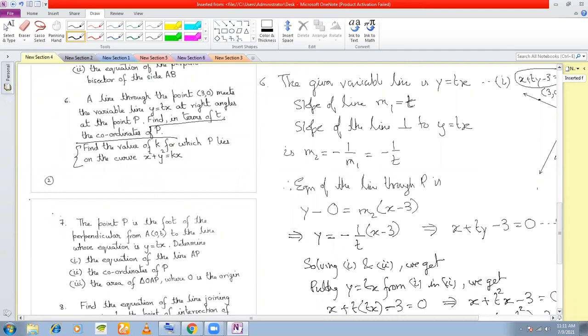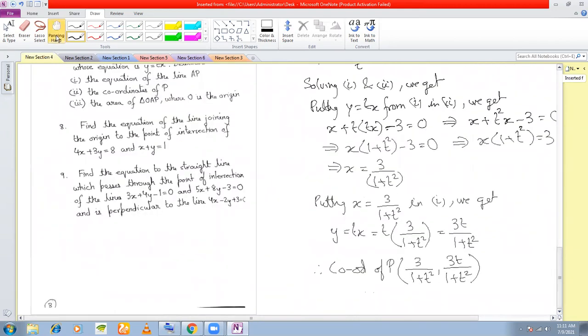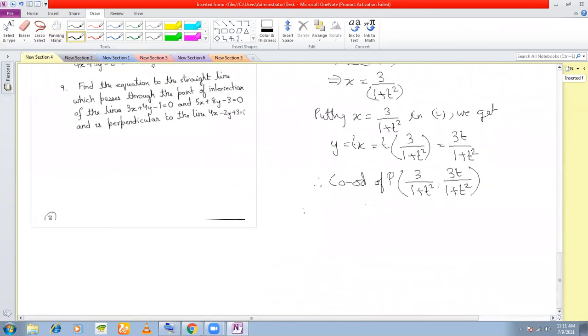Okay, we have the next part of the question. Next part of the question states, find the value of k for which P lies on the curve. Now, if P lies on this curve, x square plus y square is equal to kx, that means the coordinates of P must satisfy this equation. So if P lies on the curve, x square plus y square is equal to kx, then it must satisfy.